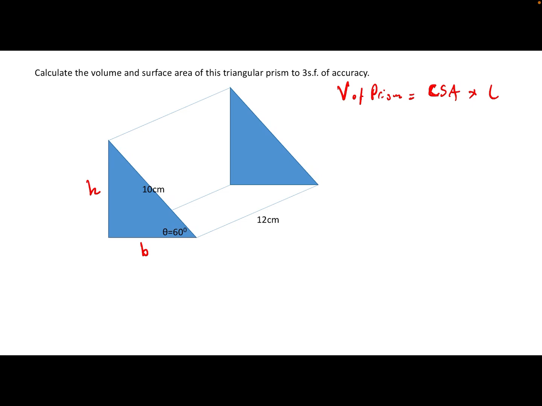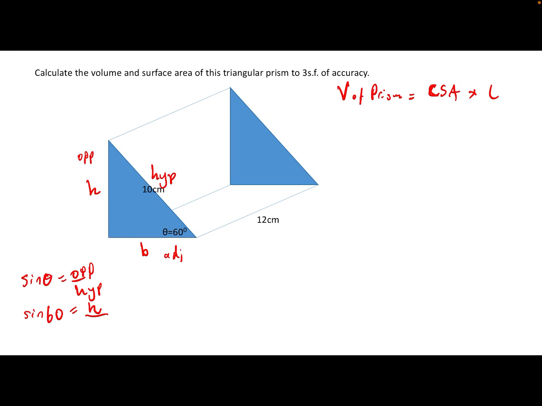So what can I do? This one is the hypotenuse, this is the opposite, this is the adjacent. So I can use sine to find out the height. So sine of my angle is equal to opposite over hypotenuse. Sine 60 is equal to the height. Don't confuse h for hypotenuse, I better call that h for height, not h for hypotenuse.